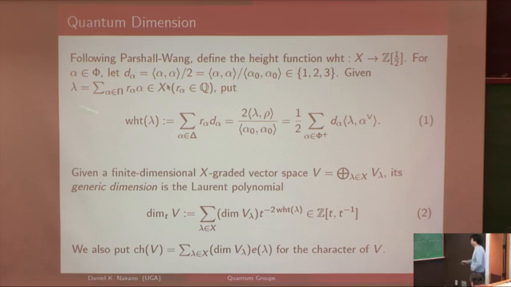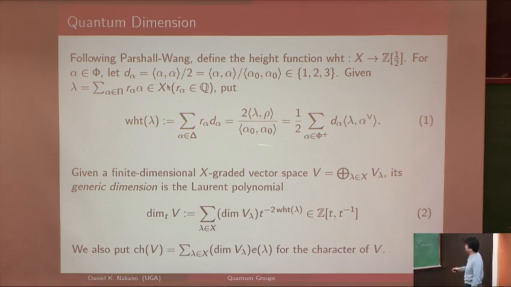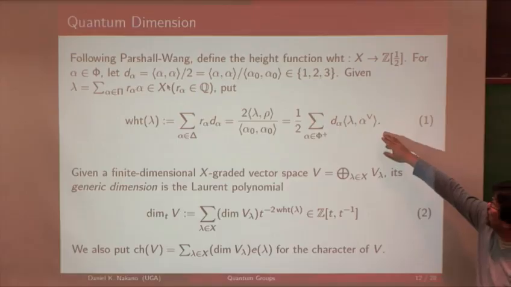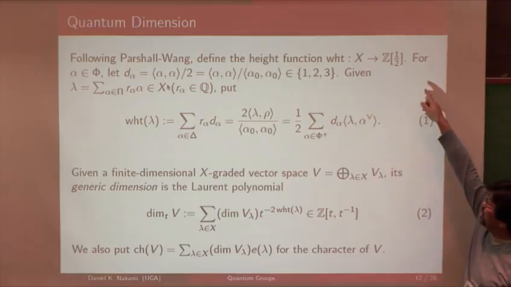You express your lambda as a rational combination of roots, then you take the dot product between these r's and these d's, and then you get the weight. There's another formula you can use: it's a half sum of these quantities over here. These quantities are integers, so that means everything is a half sum.